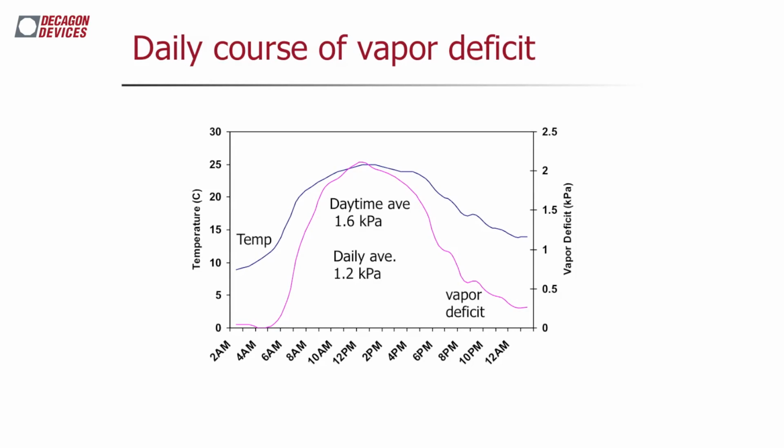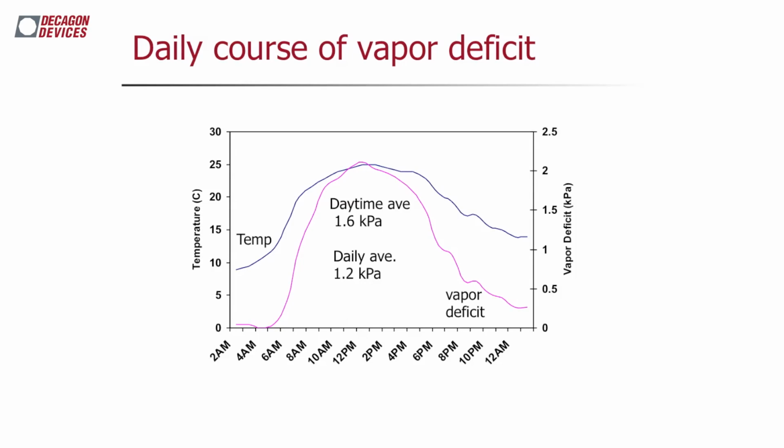One of the things you've got to notice when you're putting together this model is that it's usually tempting, like I have done on occasion when looking at some of the parameters in the field, to grab a daily average. But if you grab the daily average, you might be in trouble a little bit. You notice from this figure that if we average the vapor deficit across a day, we get a value of 1.2 kPa.